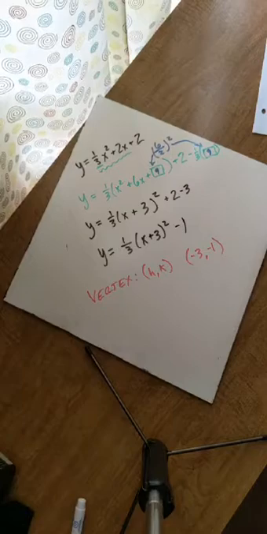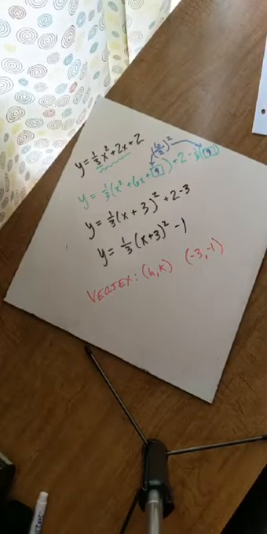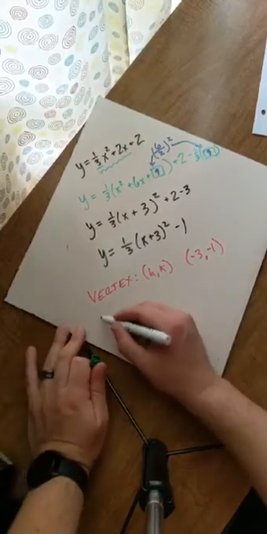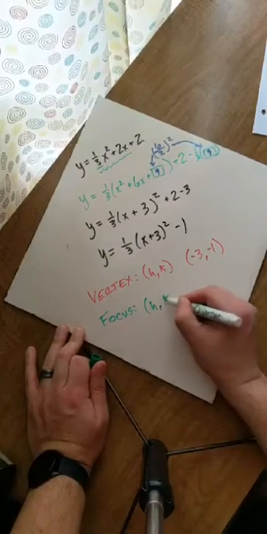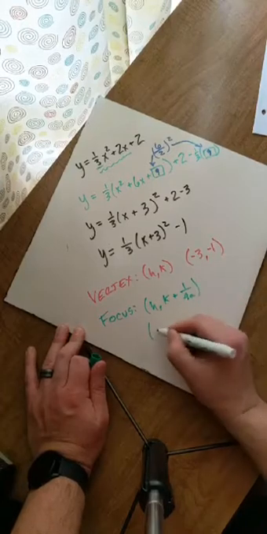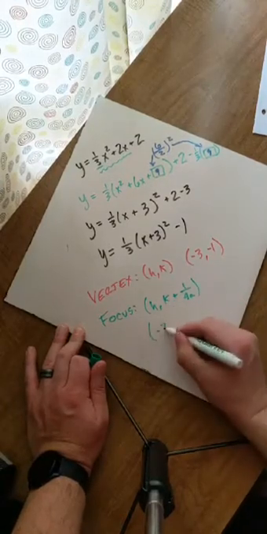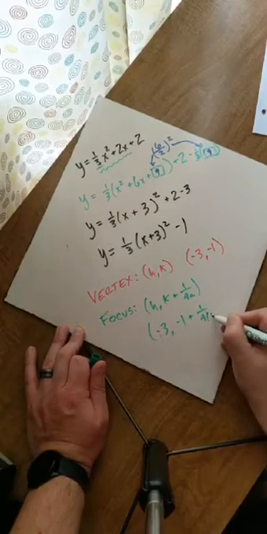All right, our focus, and this is where it's going to be fun, and I didn't want to do this, but if you're watching this, I'm going to tell you the answers right now. The focus is at HK plus 1/4A. H is -3. K is -1. A is 1/3.